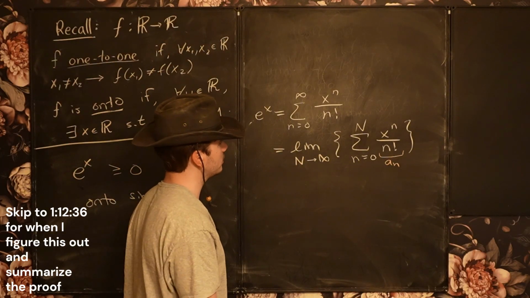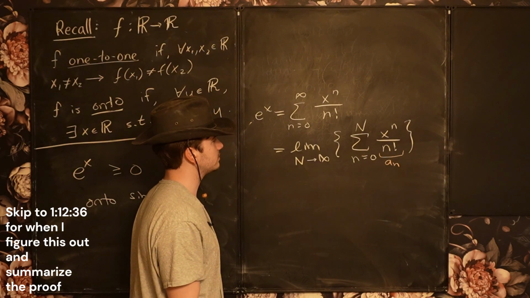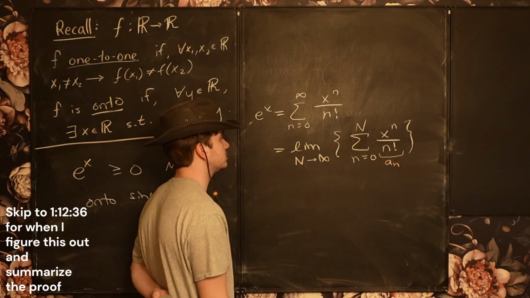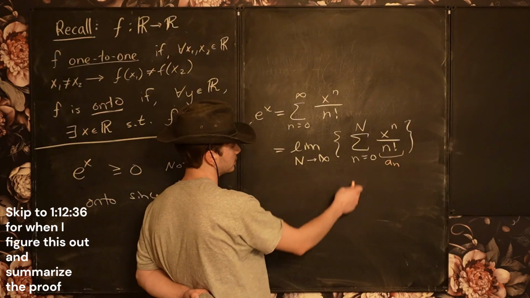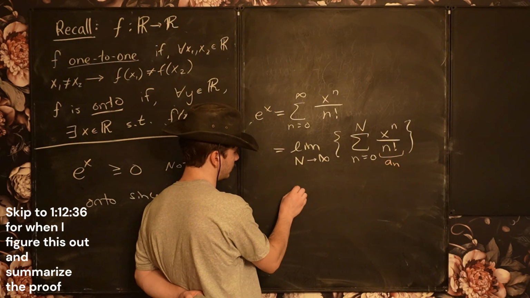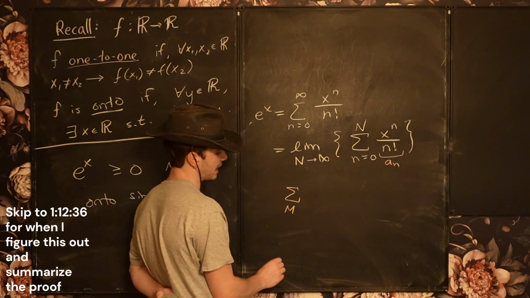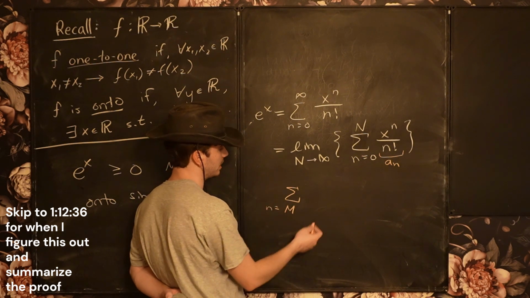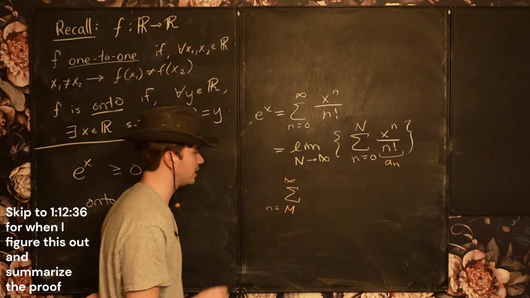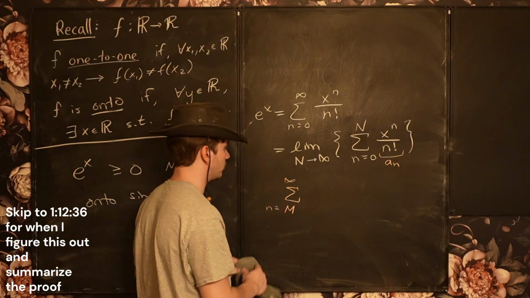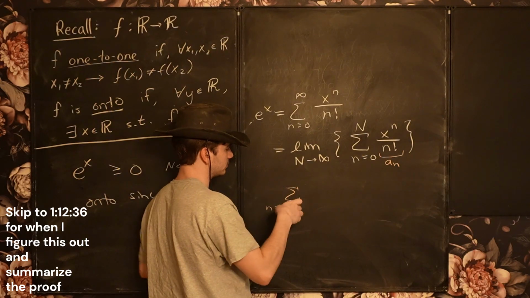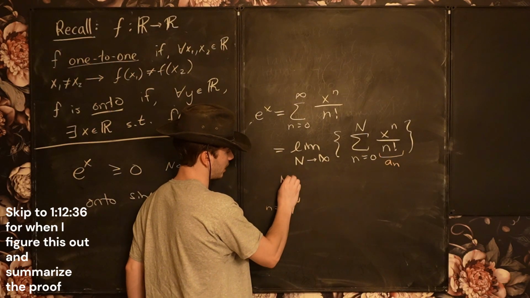Okay, so I guess what I'm saying is if I look at the tail end of this series where I start at maybe capital M and go out to infinity, or I could call this not infinity yet, but capital M prime, let's say.